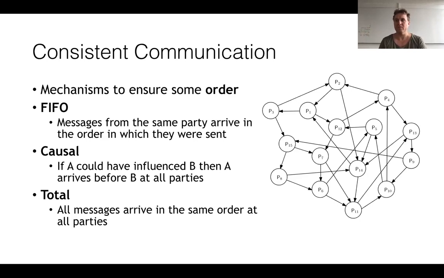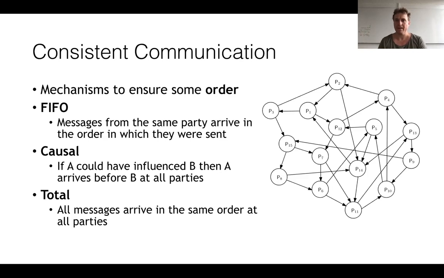So what we want to do in this video is to take a look at how we ensure that all messages arrive in the same order at all parties. Now, that doesn't actually imply that they arrive in causal order, but what we will do today is implement a network which has both of them. So it has causal order and total order.